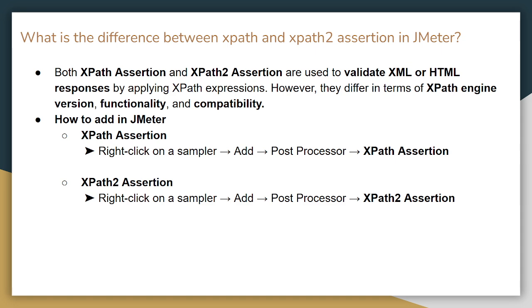Functions for XPath 1.0 will be basic, while XPath 2.0 will be advanced. Performance will be better in 1.0, and 2.0 will be slightly heavier. In terms of complexity, 2.0 will be better.